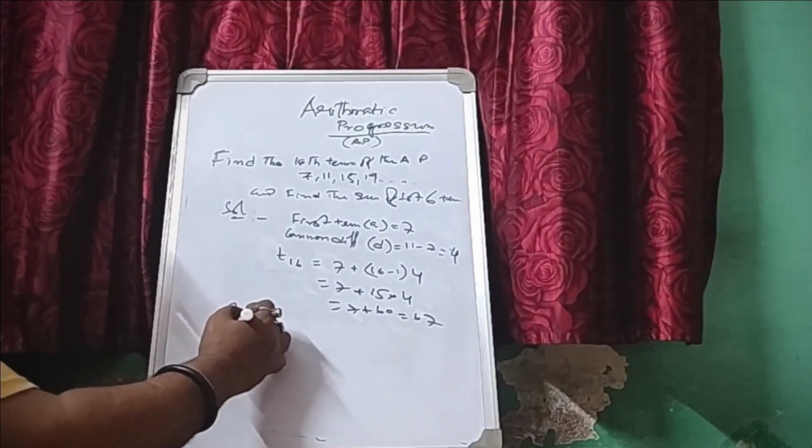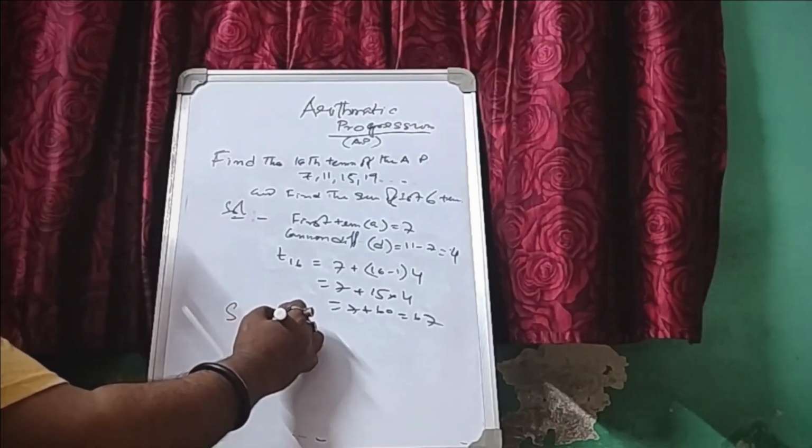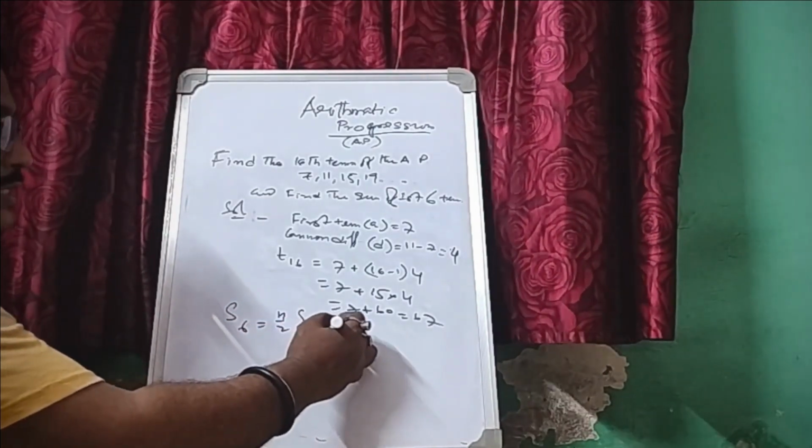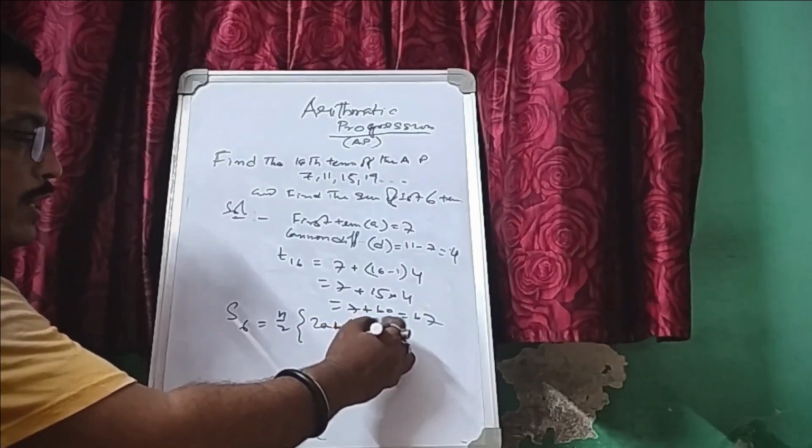Now the sum of the first 6 terms is n by 2 into 2a plus n minus 1 into d.